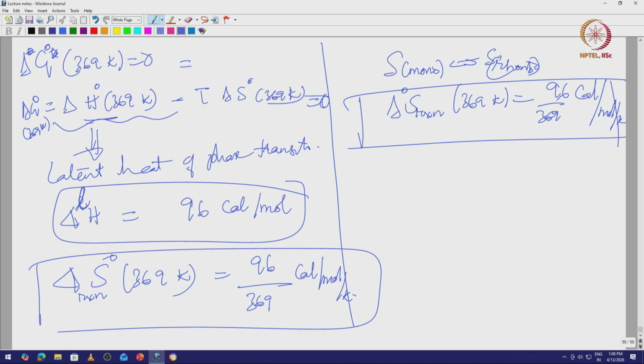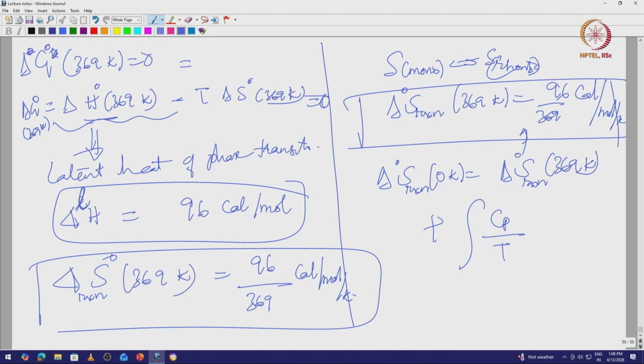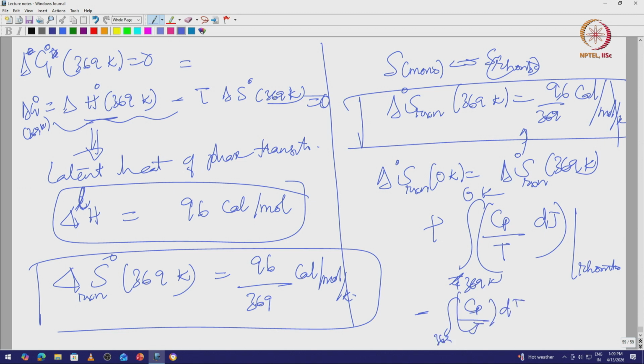For me to conduct this reaction at 0 Kelvin, I am just going to say delta S naught of the reaction at 0 Kelvin is equal to delta S naught of the reaction at 369 Kelvin, the value of which I have, plus integral Cp by T dT from the higher temperature 369 Kelvin to 0 Kelvin of the rhombohedral phase, minus integral Cp by T dT from 369 Kelvin to 0 Kelvin of the monoclinic phase.